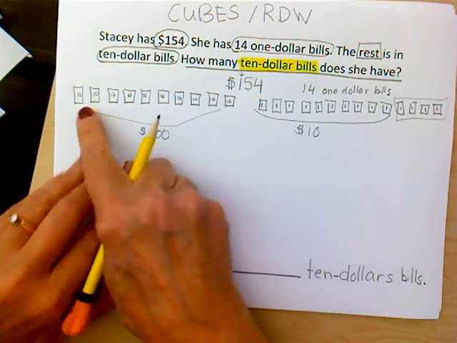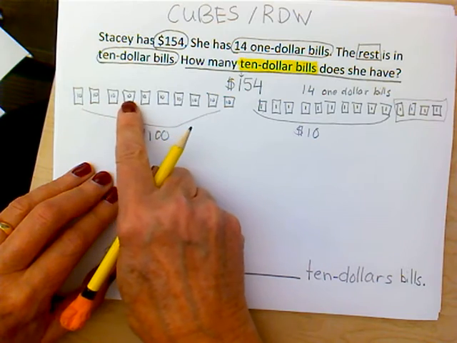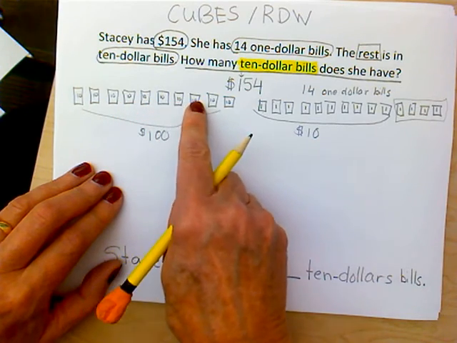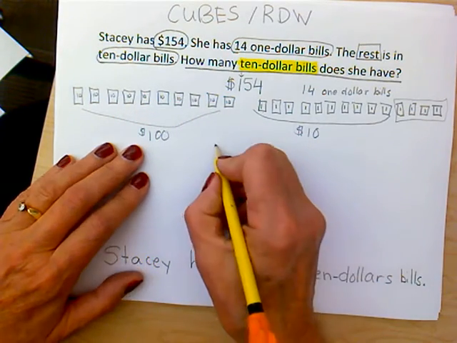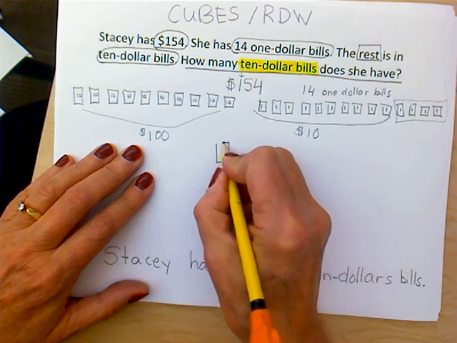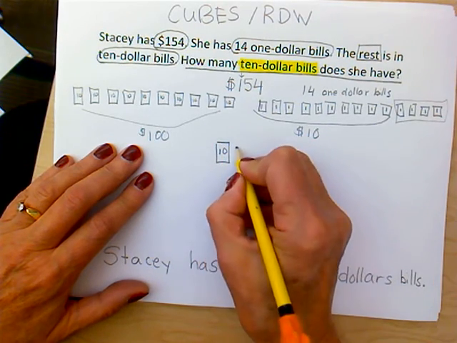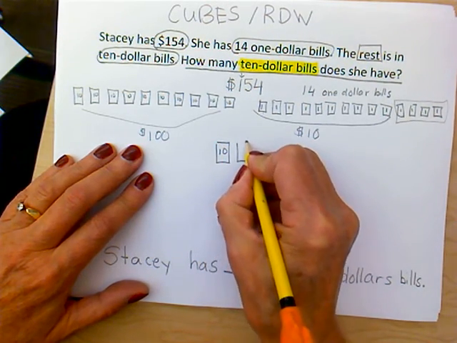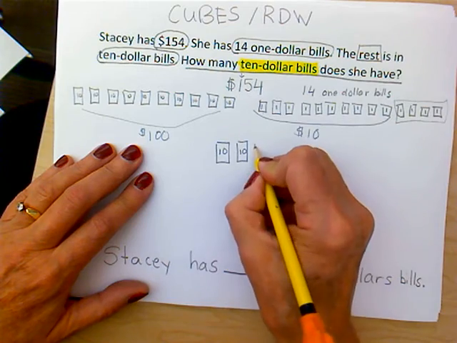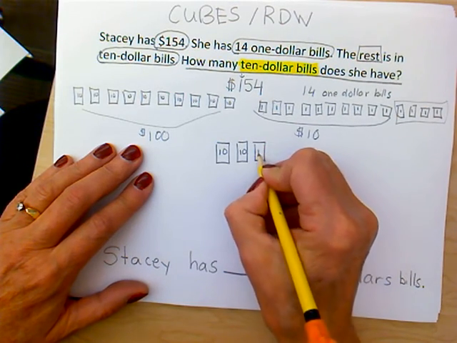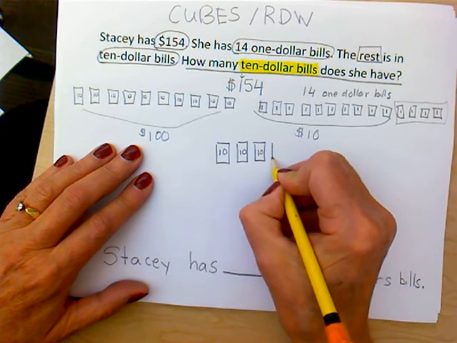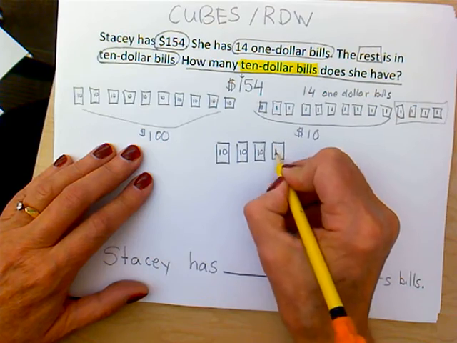So I've got 10, 20, 30, 40, 50, 60, 70, 80, 90, 100. If I did another $10 bill, that would be 110. Another $10 bill would be 120. Another would be 130. Another would be 140.